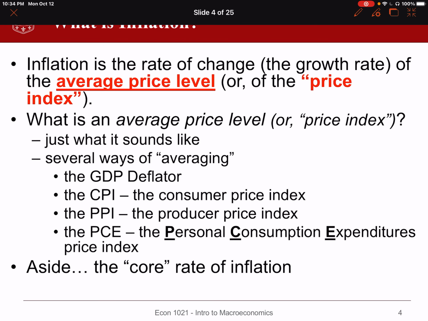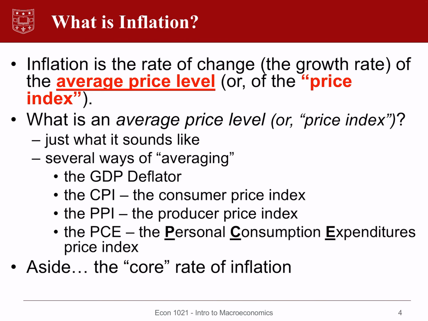So as we'll see, in what we have here for the definition of the rate of inflation, the inflation rate is the rate of change or the growth rate in the average price level. And an average price level, a synonym for that is a price index.